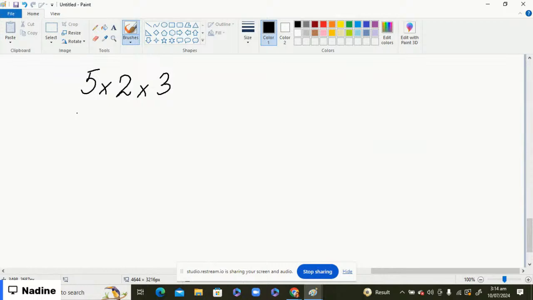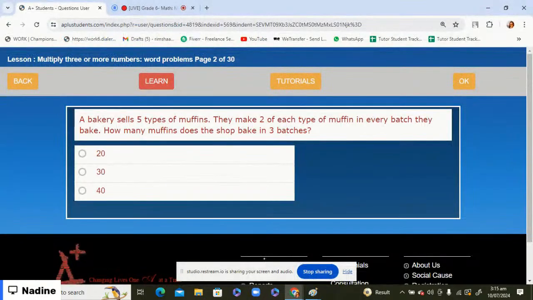Everyone solve it please. So 5 times 2 is 10. Then 10 times 3 is 30. Okay, so 30 is the answer. Yes, 30 is the answer.